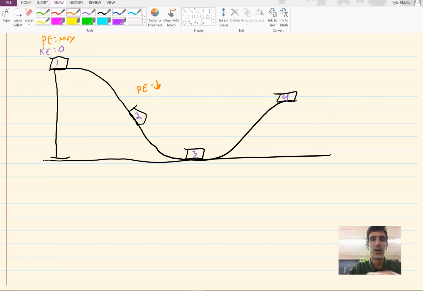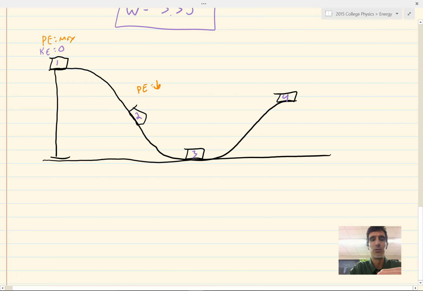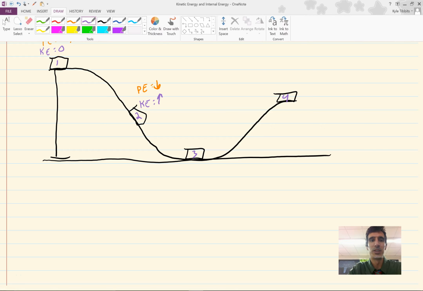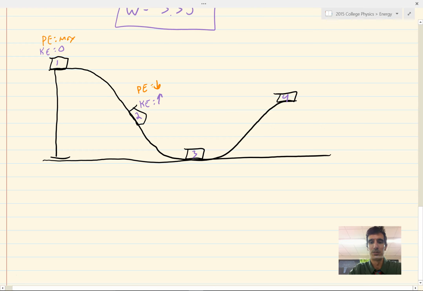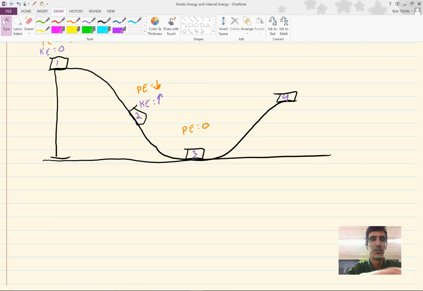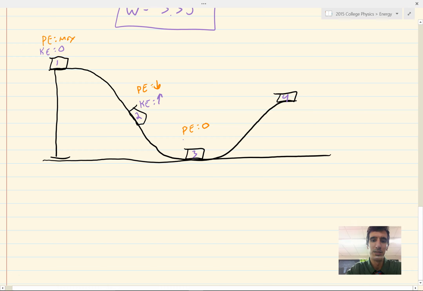And the car is being accelerated downward, so the kinetic energy goes up. Now, what happens at the very bottom to the roller coaster carts? The height is 0, so it doesn't have any potential energy. And it's at the bottom, so this is where it's going to be moving its fastest. So its kinetic energy is its max.